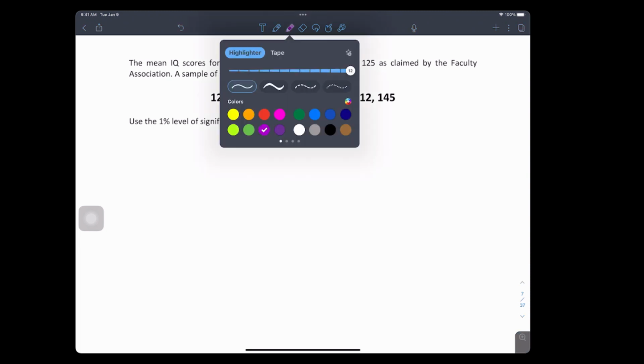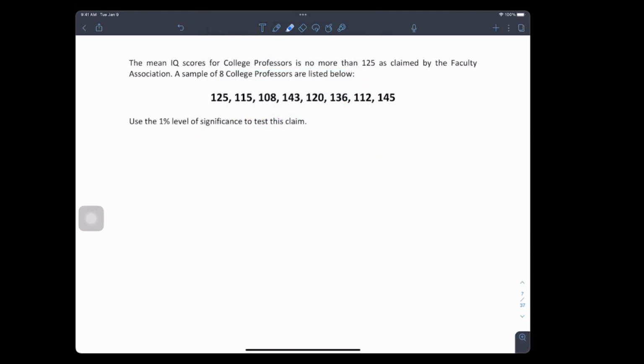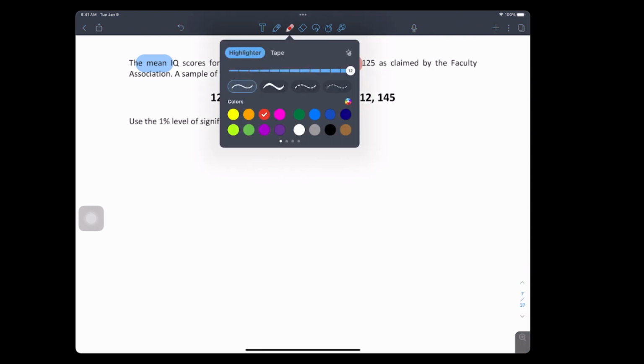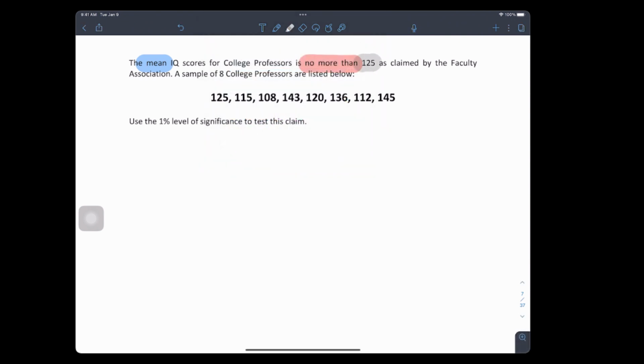So be careful, though. Let's start to read this. What does it say? The mean IQ score of college professors is no more than 125, as claimed by the faculty association.